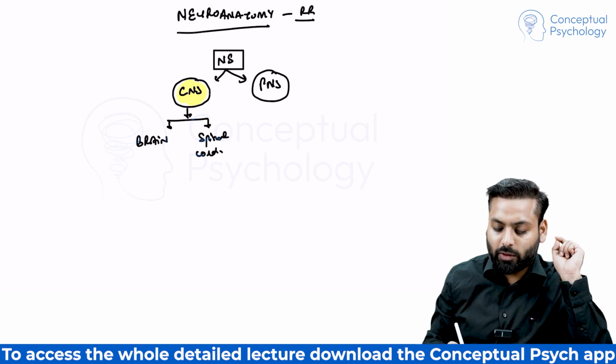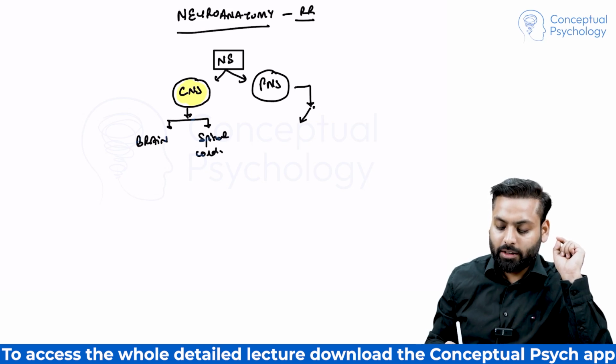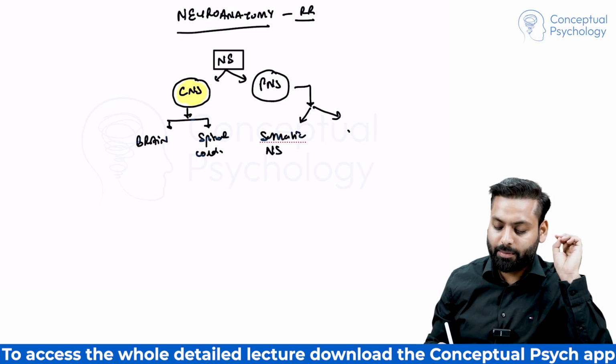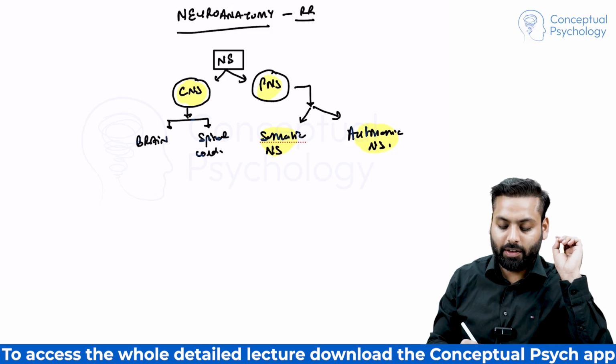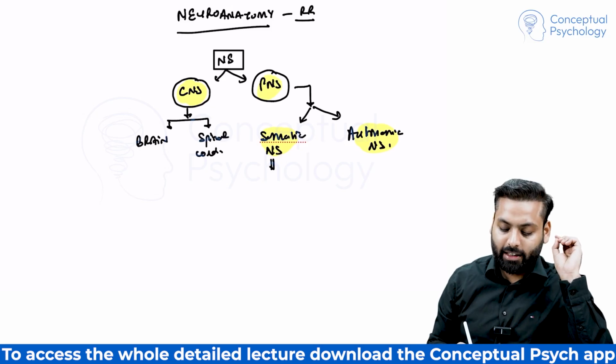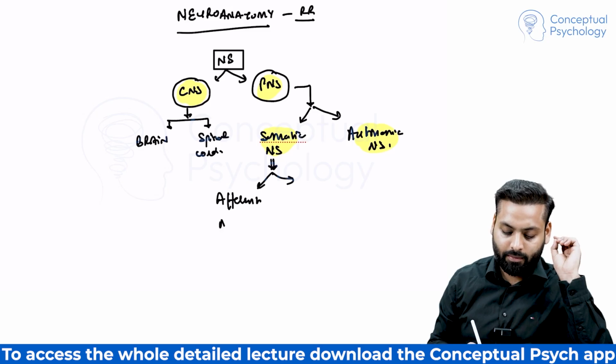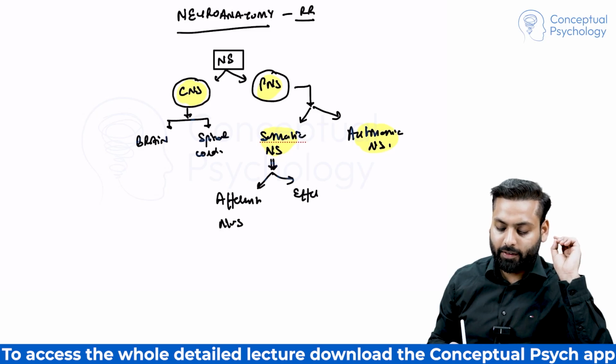Then what are the parts of the peripheral nervous system? The somatic nervous system and the autonomic nervous system. In the somatic nervous system we have the afferent nerves and efferent nerves.